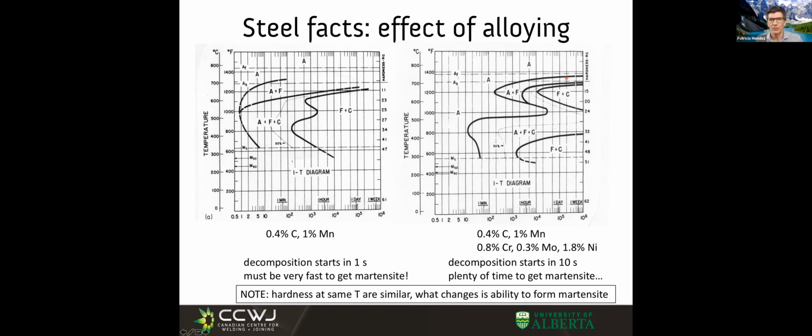Here we get to see also the primary ferrite region, same as we have here. We get to see here this F plus C, which, what do we call this microstructure up here? Anybody wants to type something in the chat?